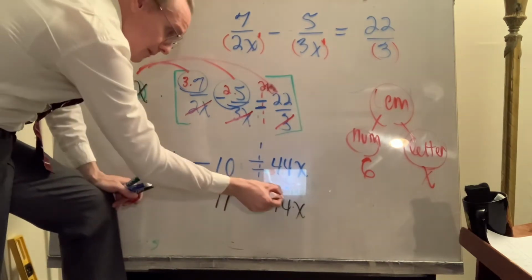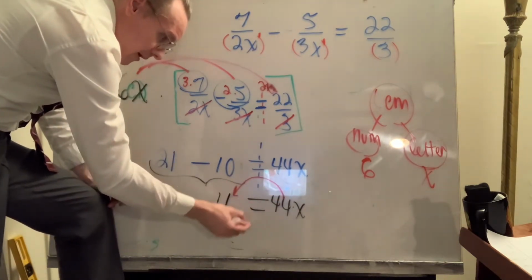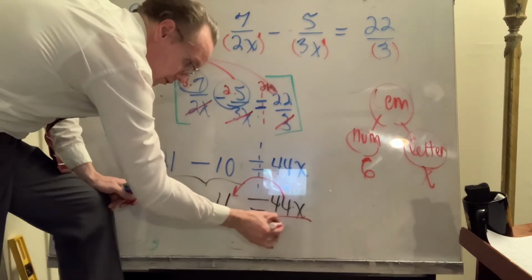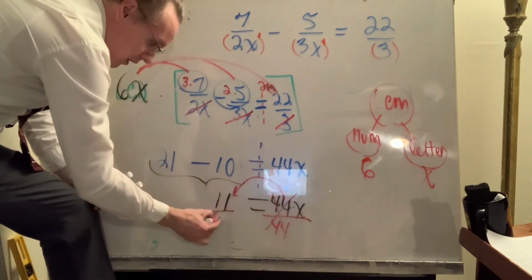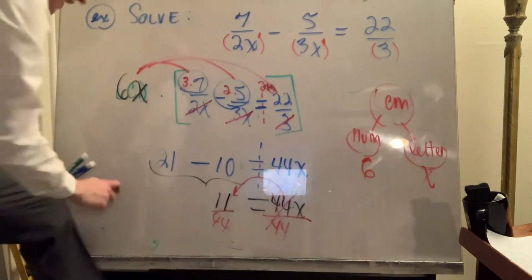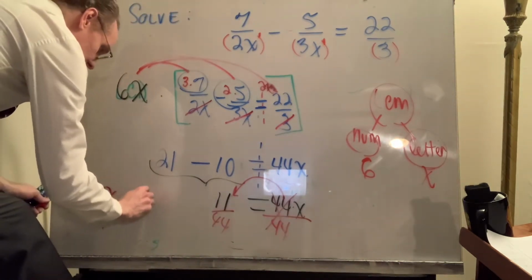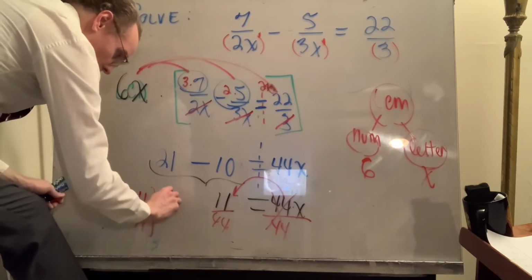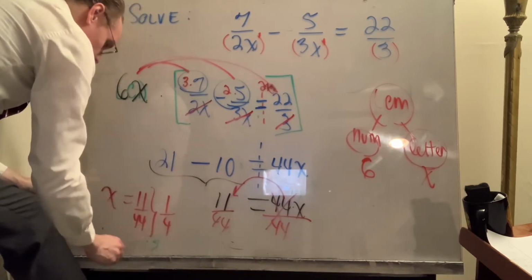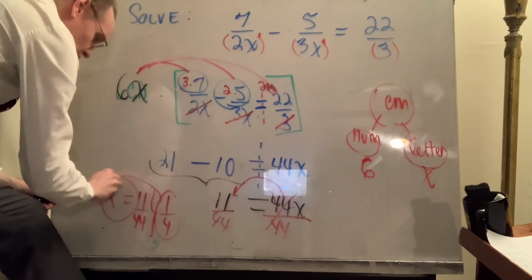And if you want to justify moving 44 from here to there, you would divide by 44, right? There's a cancellation effect, it simplifies really. And you would have x is equal to 11 over 44, which is the same thing really as saying 1 over 4. Right? X is equal to 1 over 4.